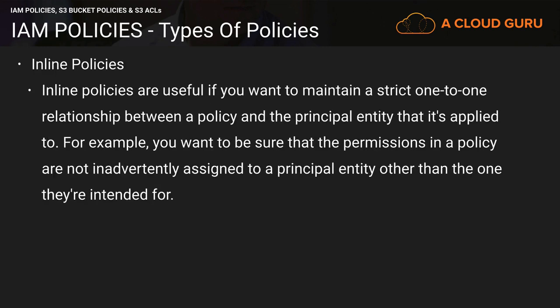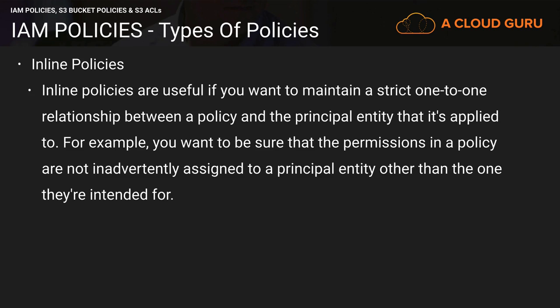And then finally, we have inline policies, and these are useful if you want to maintain a strict one-to-one relationship between a policy and the principal entity that it's applied to. For example, you may want to make sure that a permission in a policy is not inadvertently assigned to somebody else other than the person that it's intended for.